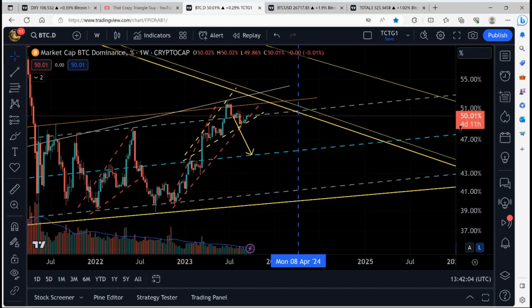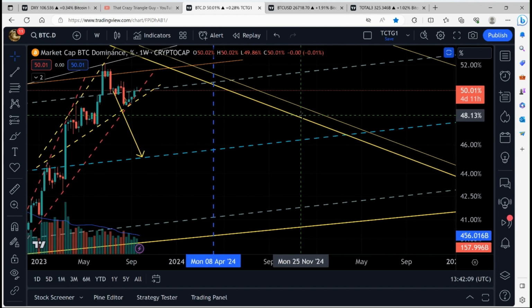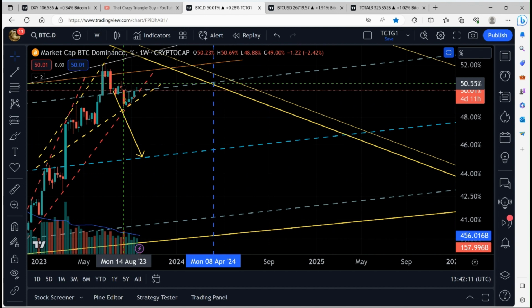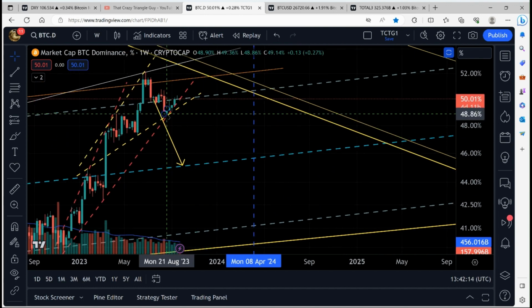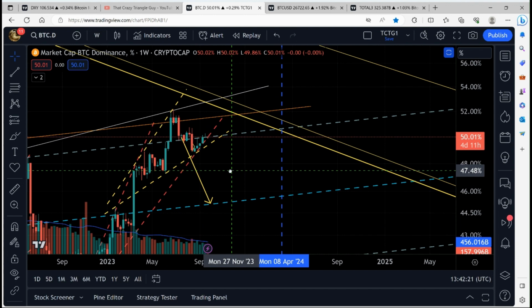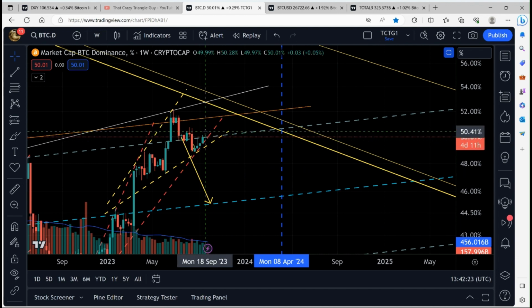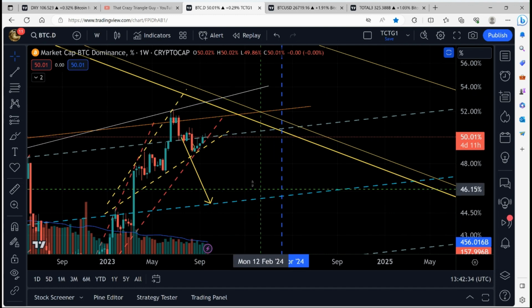Now, it appears, though, that we are not ready to spill out of the first cup as Bitcoin dominance is following the edge of the cup here. So I think we have one more leg upwards, probably to about 53%. And this coincides with the possible ETF coming out in October.